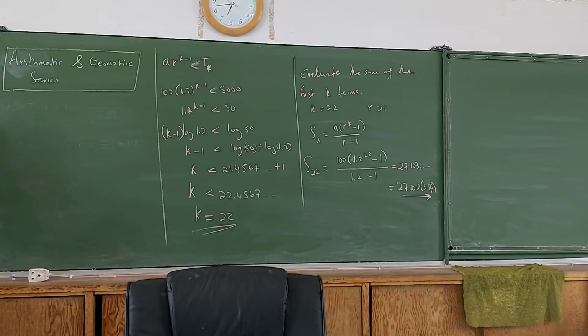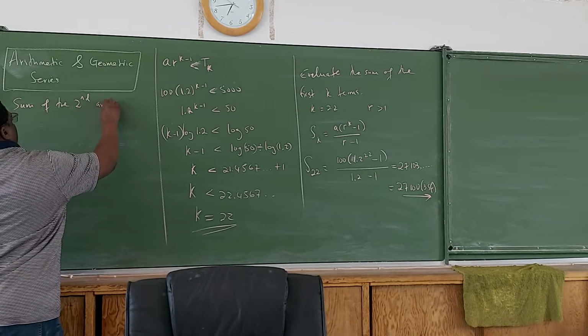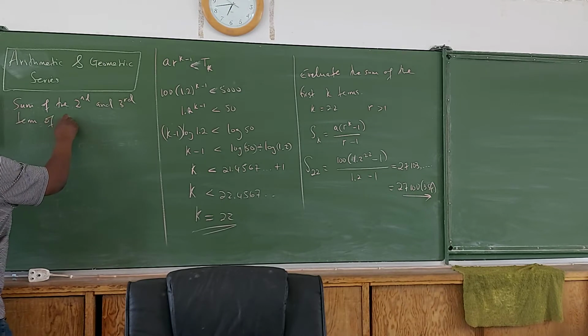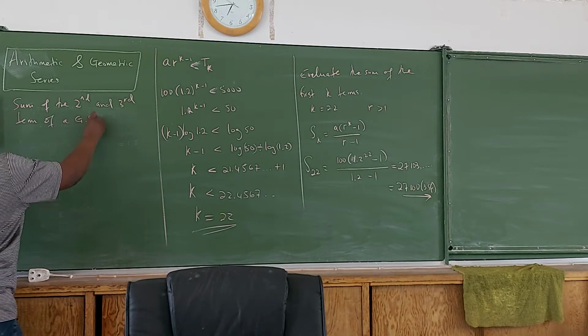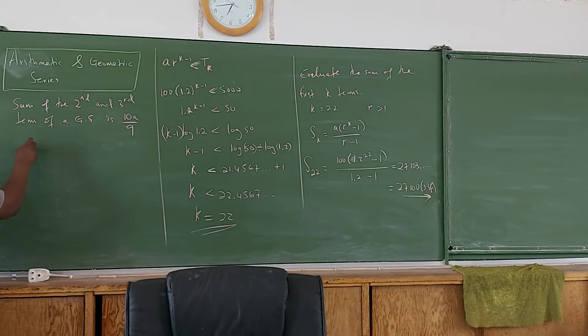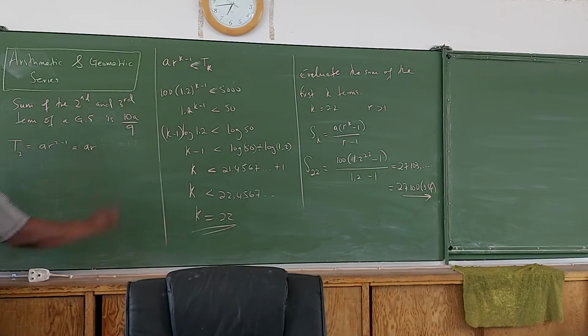Anyway, they're saying the sum of the second and third term of a geometric series is 10a over 9. So the second term is going to be ar^(2-1), which is just ar.